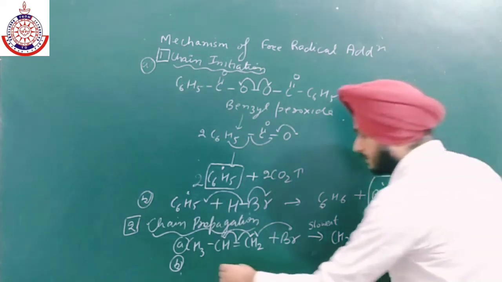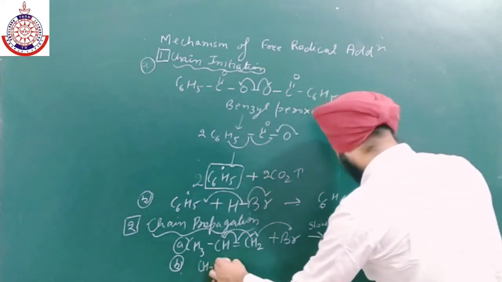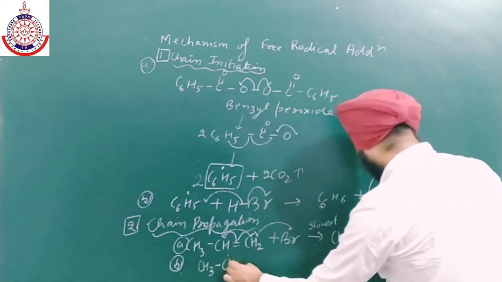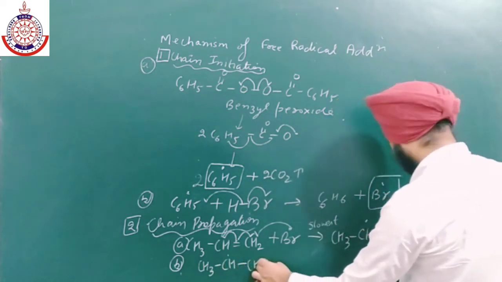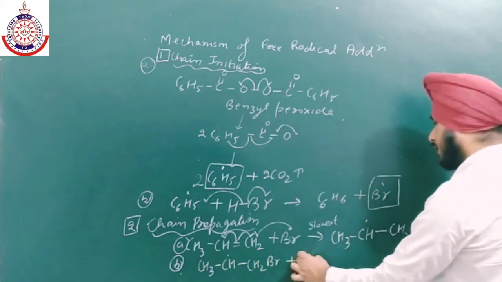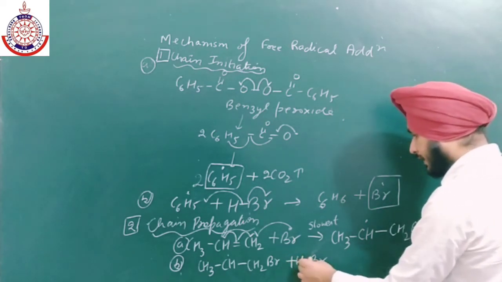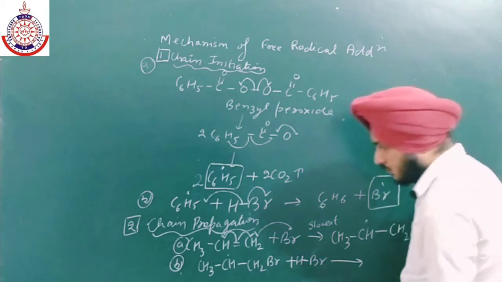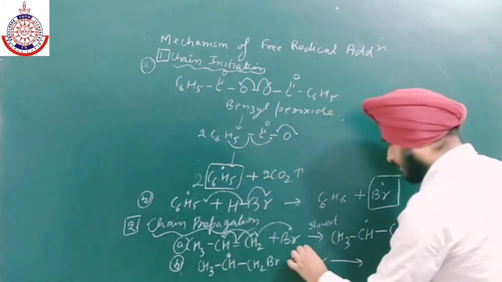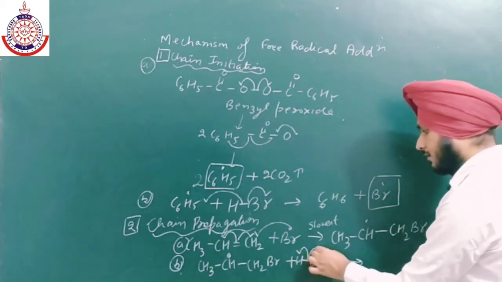The second step is, again we have to take the second molecule of halogen acid. Now again this bond will cleave homolytically, one electron over here and one electron over here.